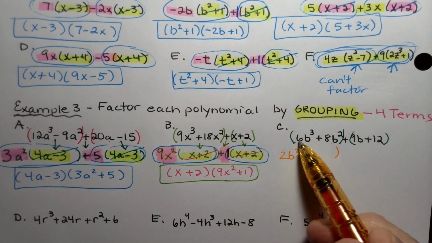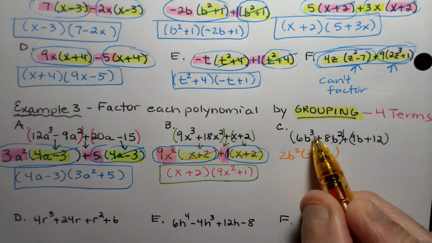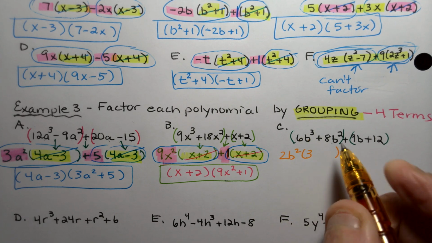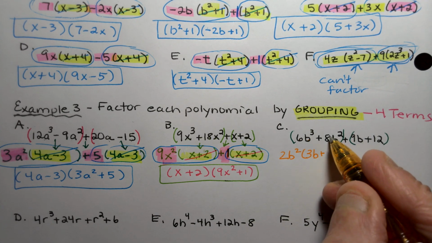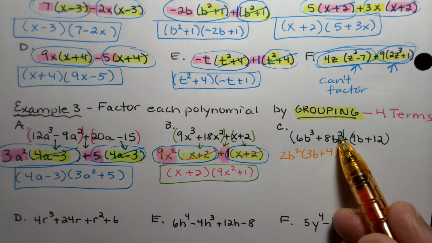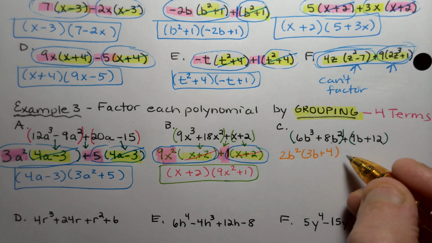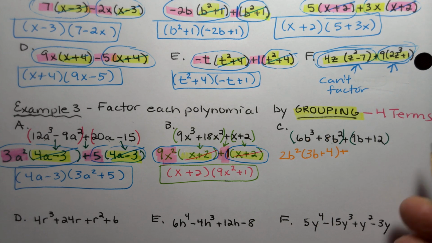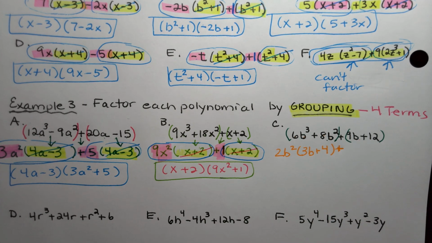Okay, so if you divide 2 out of the 6, you're left with 3. And if you took 2 of those b's out, how many are left? 1. Plus 8 divided by 2 is 4. And the b to the second is out front here, so I don't have any left inside. Plus, don't forget that plus, 9b plus 12.